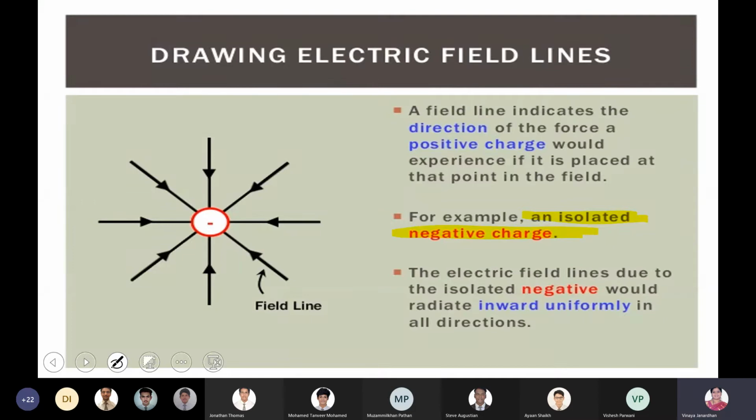Boys, once you have completed, just let me know. Only the diagram, don't write anything because it's self-explanatory, right? All the arrows are inward, which means the unit positive charge will experience an attractive force.